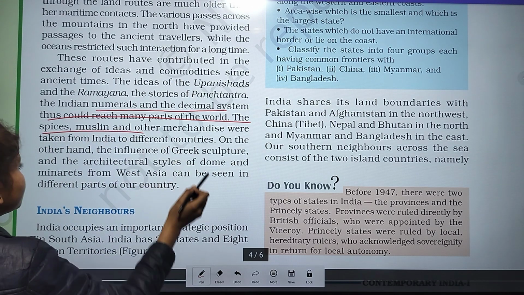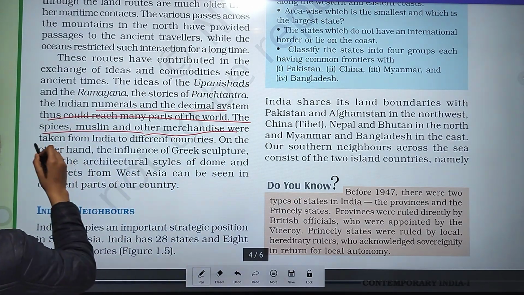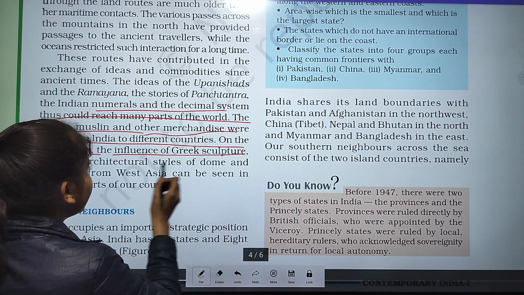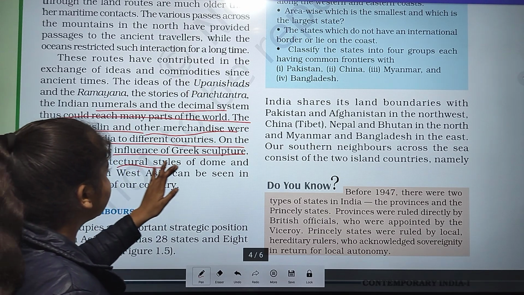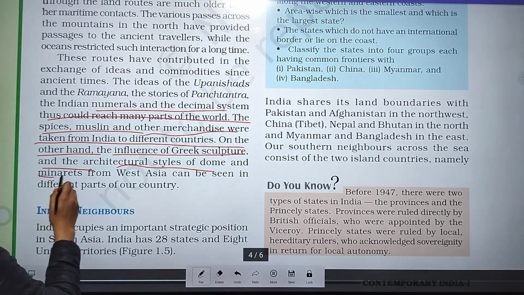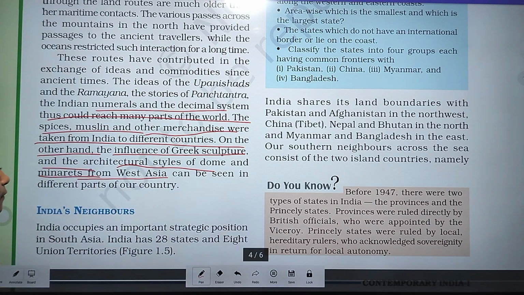The spices, muslin and other merchandise were taken from India to different countries. On the other hand, the influences of Greek sculpture and the architectural styles of dome and minarets from West Asia can be seen in different parts of our country.